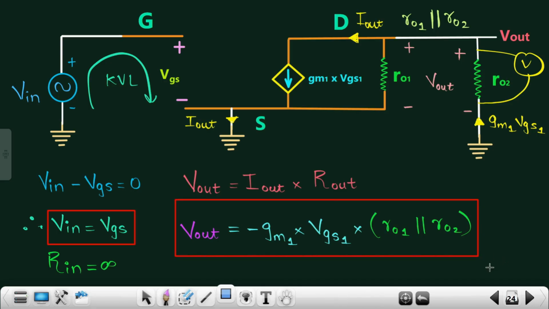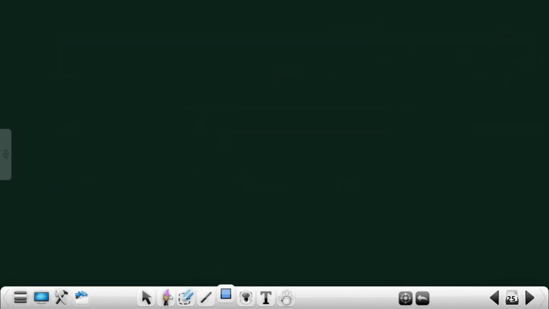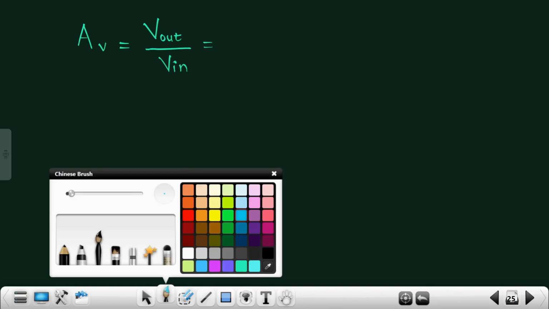Now that we have the value for V out and V in, we can easily calculate the voltage gain. So what will be my voltage gain? My voltage gain AV is equivalent to V out divided by V in. What is my V out?